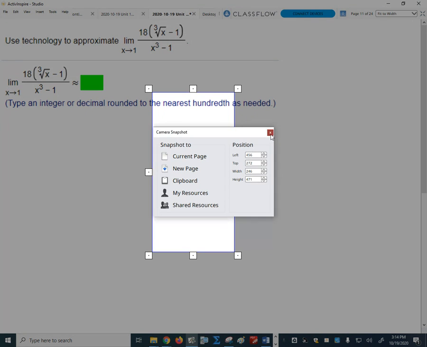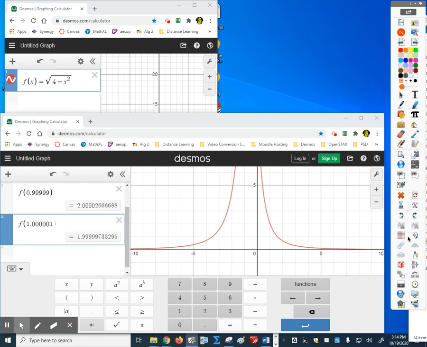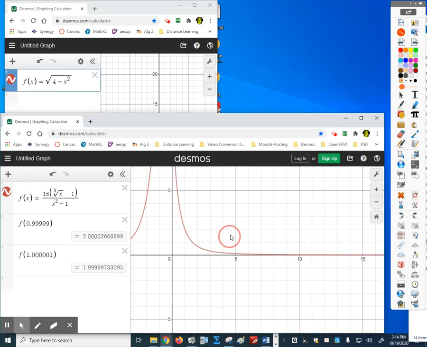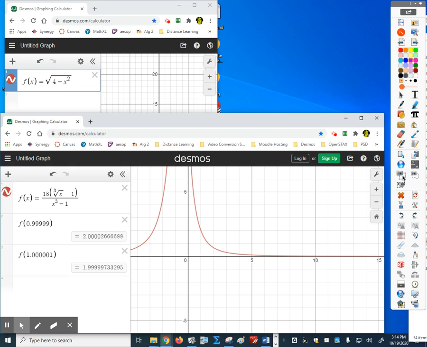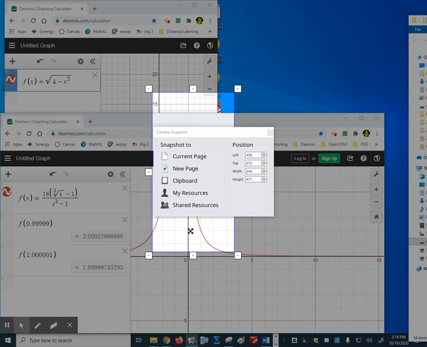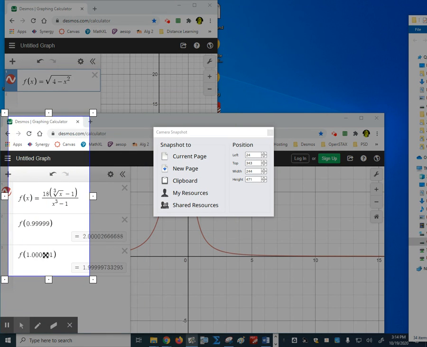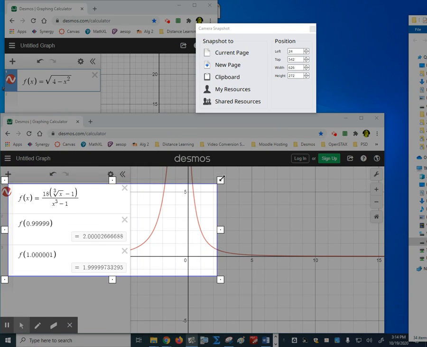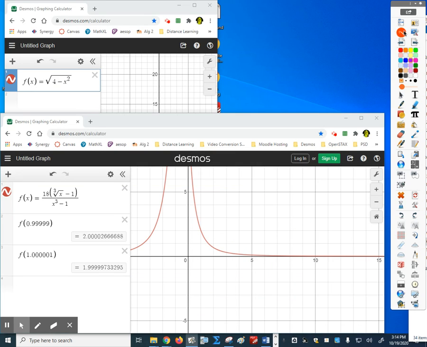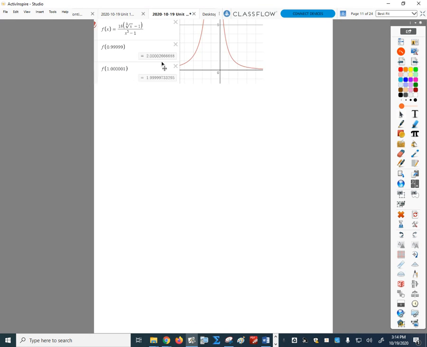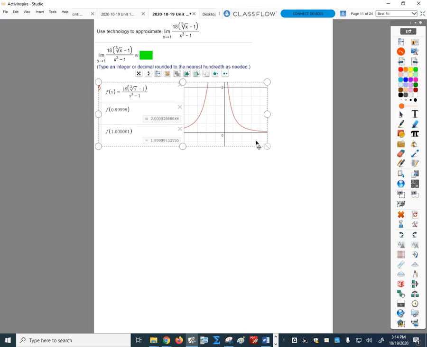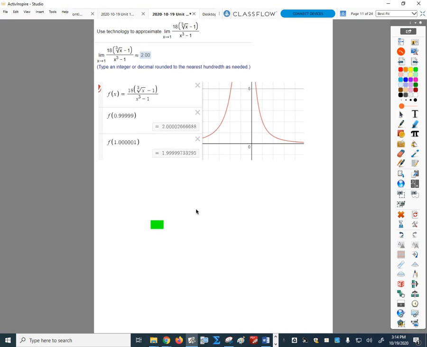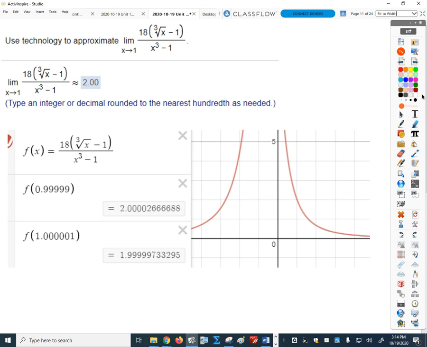Oh, darn it. So there's our picture. And the answer is 2. Okay, just by using technology.